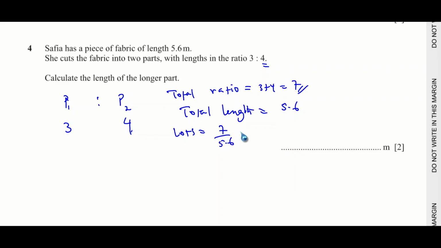If you do 5.6 over 7, this should give you 0.8. So this will be times 0.8. This is the one we need, the larger one, so we don't need to do the other. So this will give us 3.2, that is 4 multiplied by 0.8, which is 3.2.